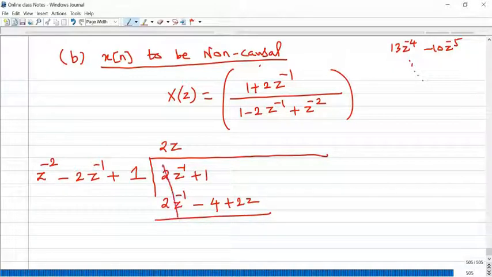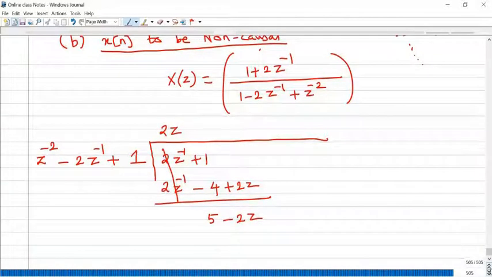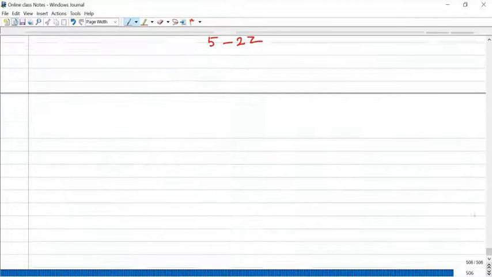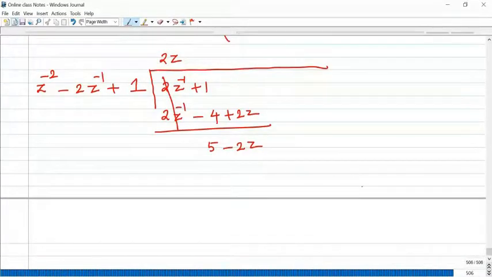Subtract. This term will be cancelled. So 1 minus of minus 4, 5, 0 minus 2z, 2z.